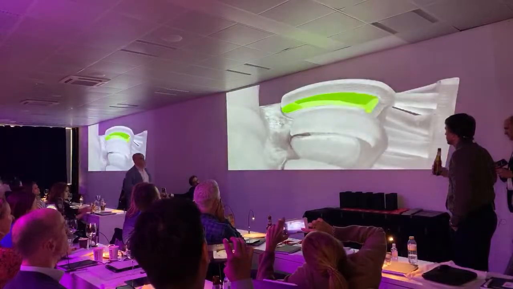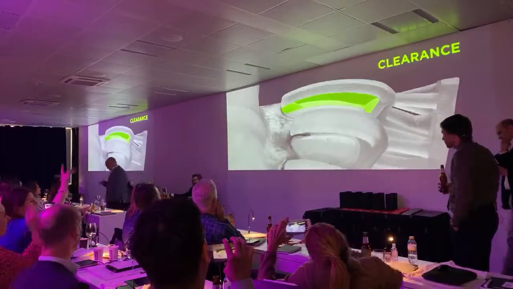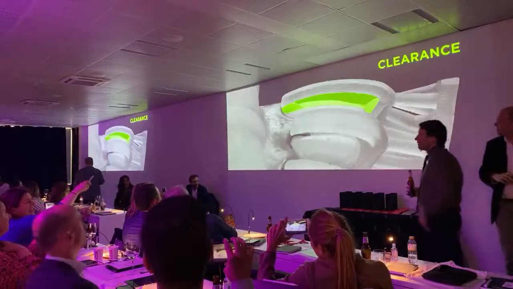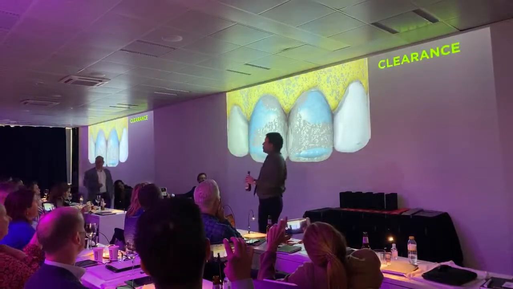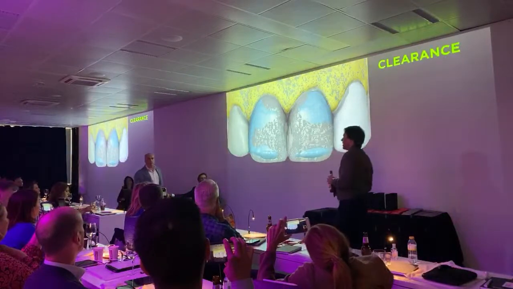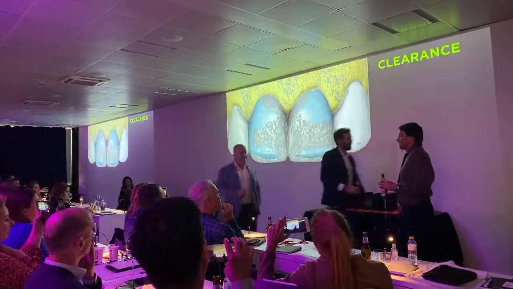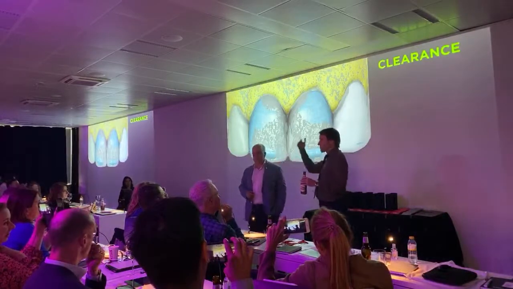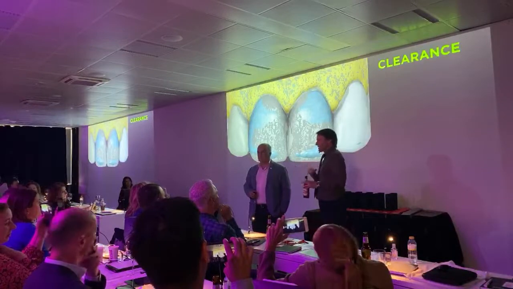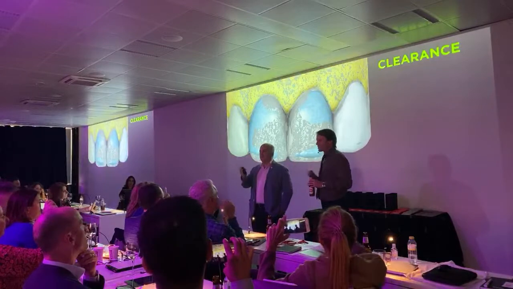Clearance. With these guides, we can see the clearance. Look at the problems when we don't have enough space. How do we know the clearance? This is not standard. This is based on an analysis that we need to do for you before. So you can send us the color that your patient wants, plus the stump shade.